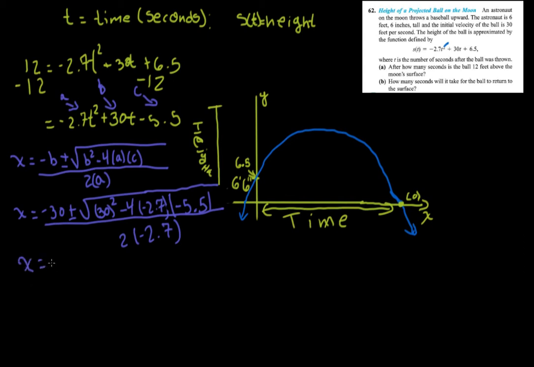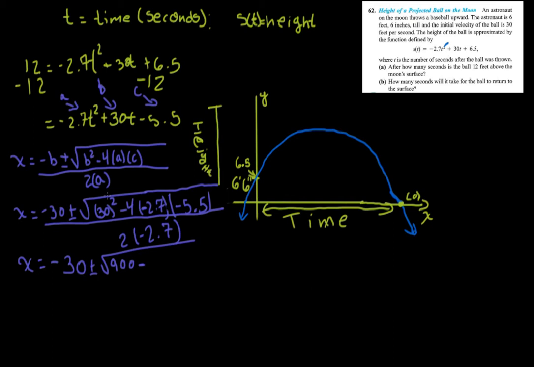So I'm gonna solve the inside first. I always do that. So 30 times 30 is going to be 900. And let's solve for the signs first. So negative times negative is positive, and positive times negative is going to be negative, right?